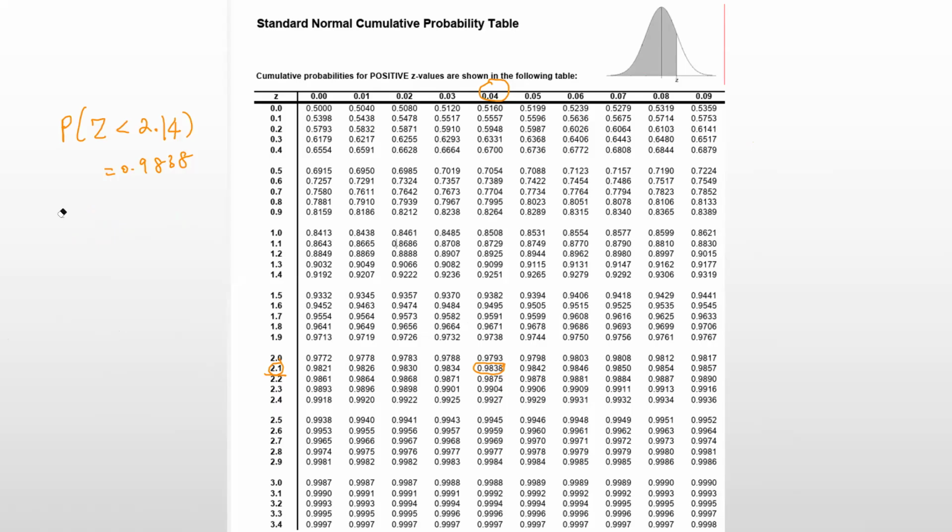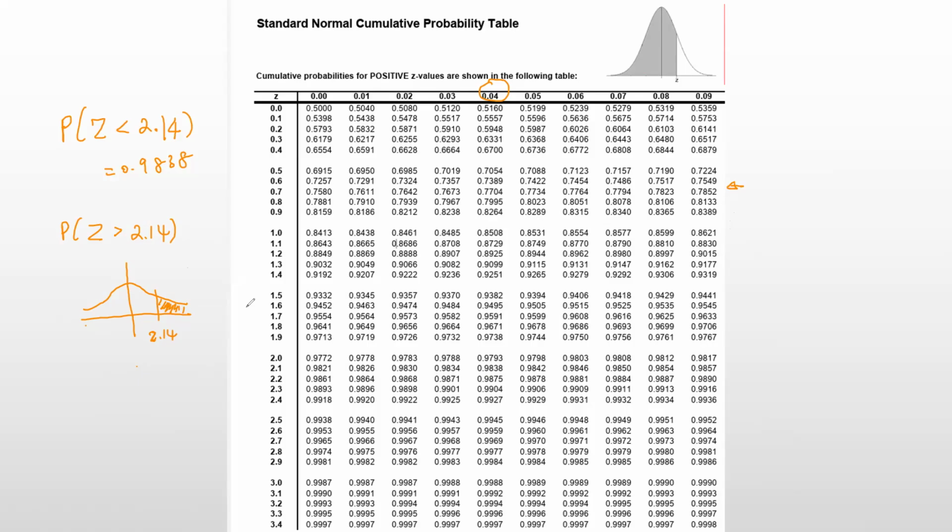So what about the probability of z greater than 2.14? How can we do that? Normally I want people to draw a curve like that and put 2.14 here, and you see it's this side. This area is not shown in the main part of the table.